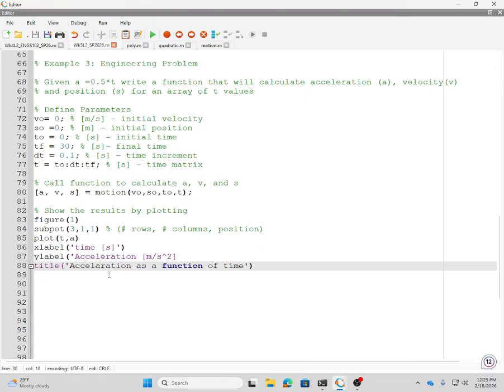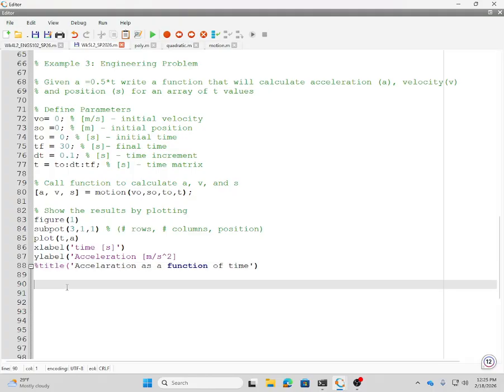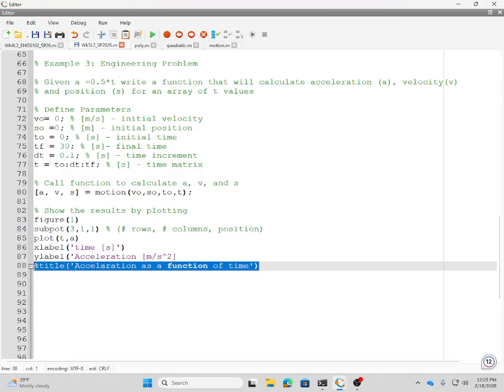Okay, something really weird is happening here. What is that? The title function is acting up. Let me hide the title function. What is happening here? Okay.